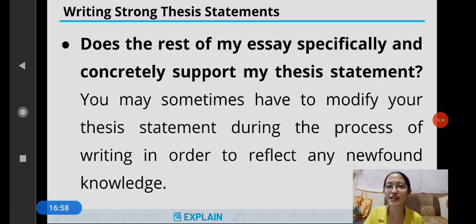Next, does the rest of my essay specifically and concretely support my thesis statement? You may sometimes have to modify or change your thesis statement during the process of writing in order to reflect any newfound knowledge.